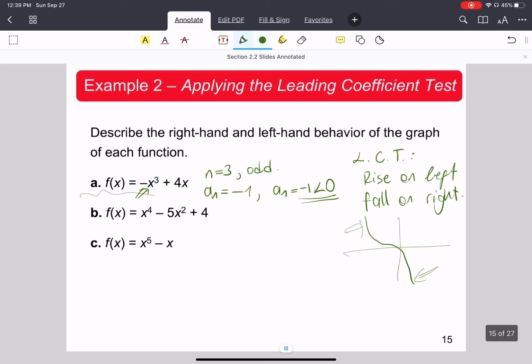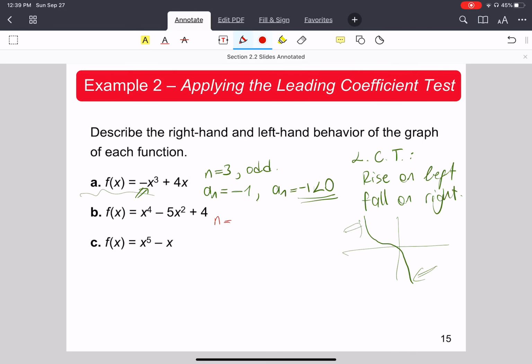So let's take a look at the second example. You realize n in this case, which is the highest exponent, is 4, which is even. And then let's take a look at the leading coefficient, a sub n. We look at the x to the 4th term, which has 1, because it's like 1 times x to the 4th. And this is positive, right? So a sub n is positive here. So according to the leading coefficient test, if n is even and a sub n is positive, then it's going to rise on both ends, right?